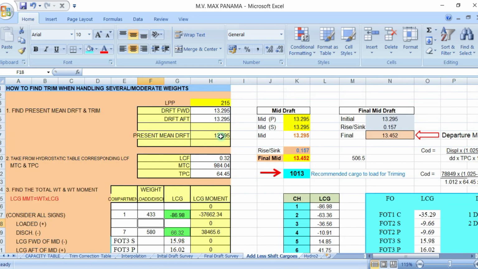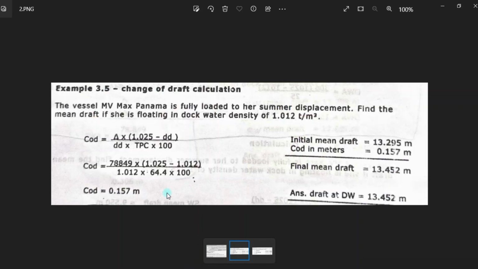This TPC for the maximum draft of 13.29 is 64.45. And so you got 64.45 times 100. The change of draft is 0.157.